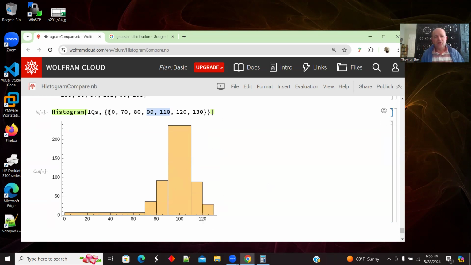So you can control these. And you can have this someplace else and then have what's called the named bin spec. But I just wanted to hard code it right in here, just to show you another version of bin spec.